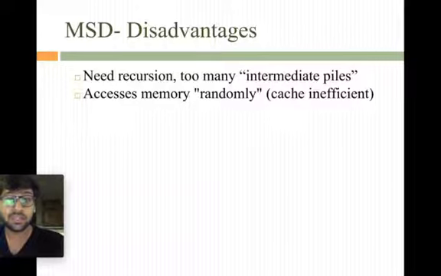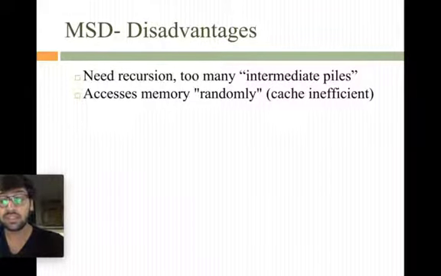But there are certain disadvantages in the MSD algorithm. First of all, it requires recursion and too many intermediate files. Since we are first creating buckets and then creating more buckets within the buckets as we go down, a very large number of buckets will be created before we actually start solving the problem.